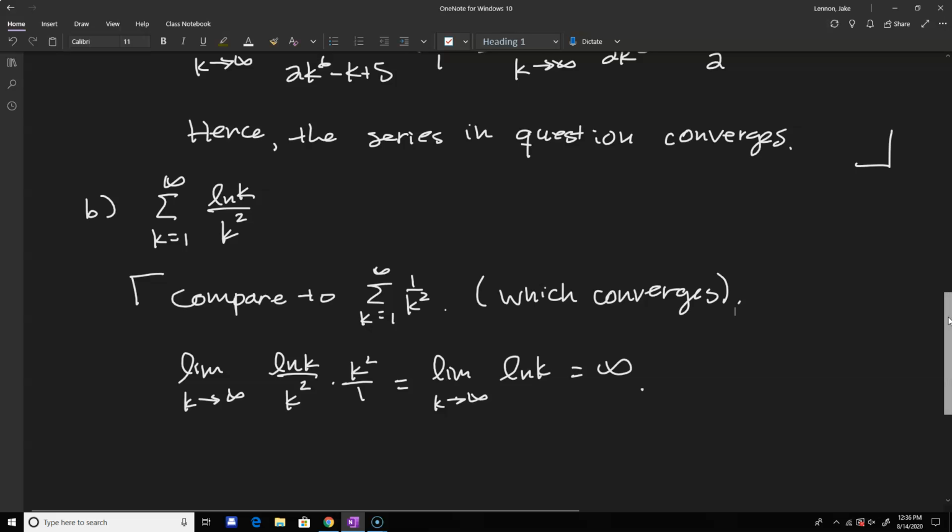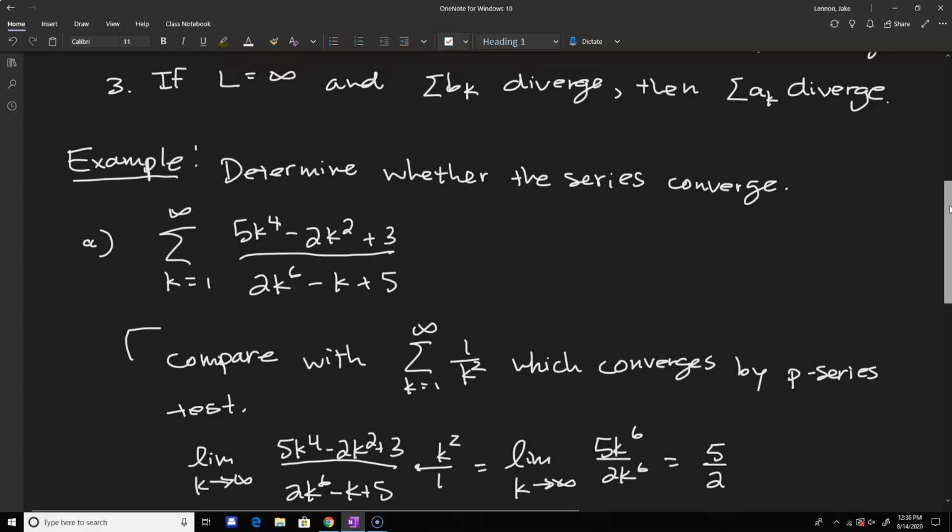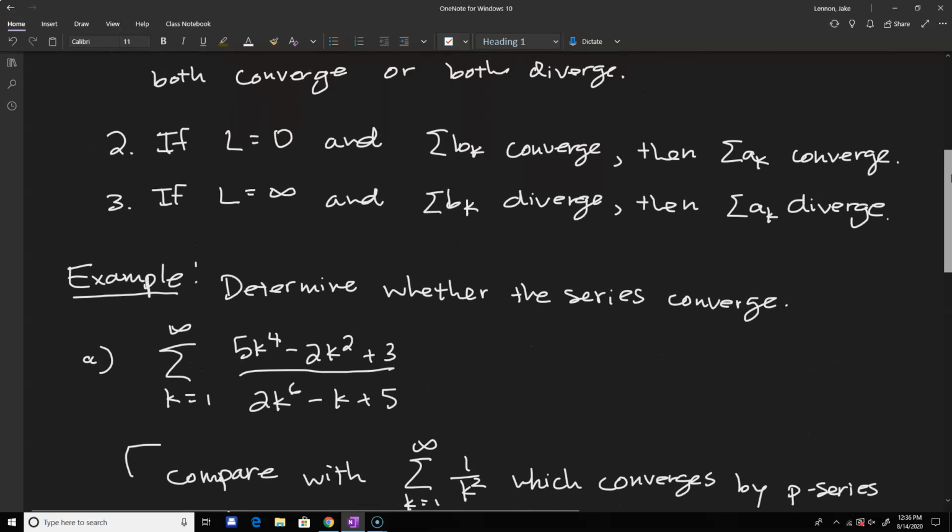So if we look back to the theorem, we can ask, does this apply? If L equals 0 and the sum of b sub k converges, then the a sub k's converge. So what happened with us? Our limit actually turned out to be infinity in this case.